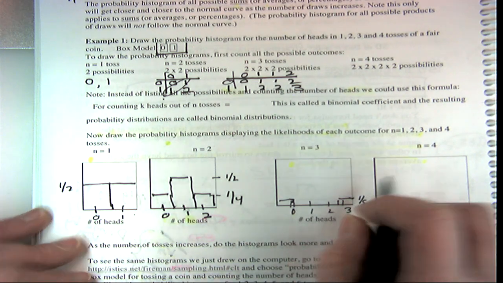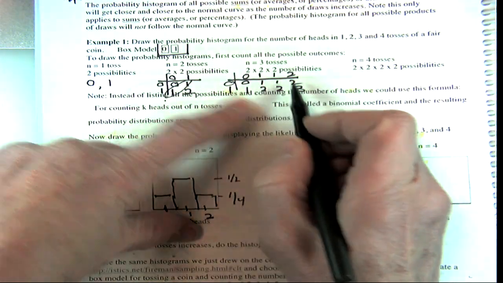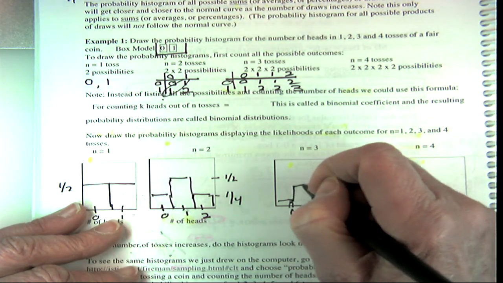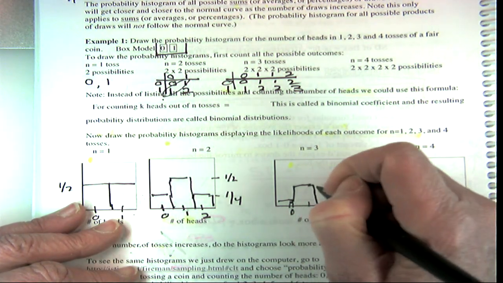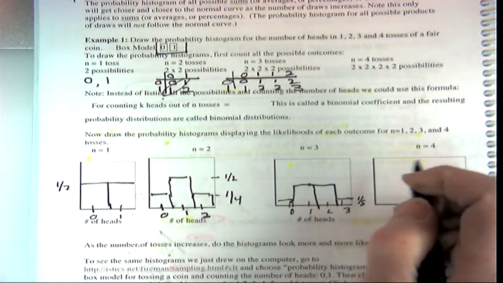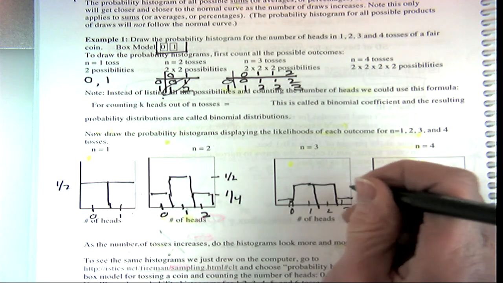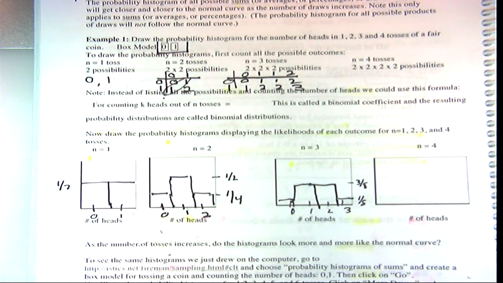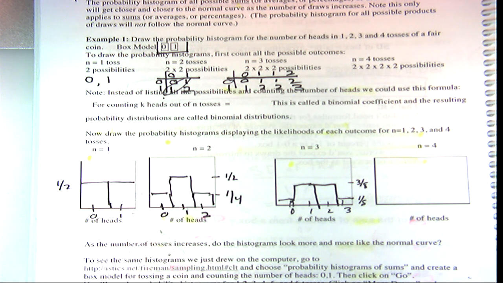How many ways for the others? There's 1, 2, 3, and 1, 2, 3. So you're 3 times as likely to get either a 1 or a 2. That's going to go up to 3/8, which is 3 times as high as the 1/8. Does that make sense?